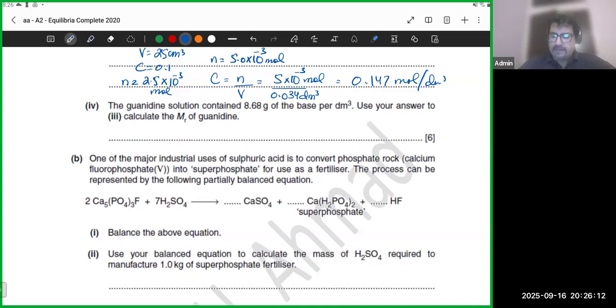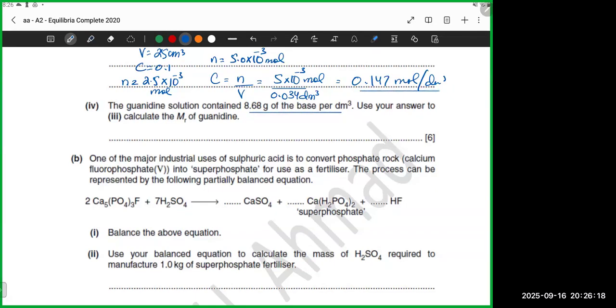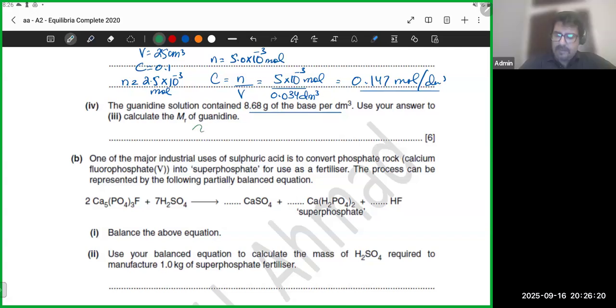So calculate the Mr. We have grams per dm3 and we have moles per dm3, so that's easy. Moles is mass divided by Mr, so the Mr is the mass divided by the moles. So it's going to be 8.68 divided by 0.147.